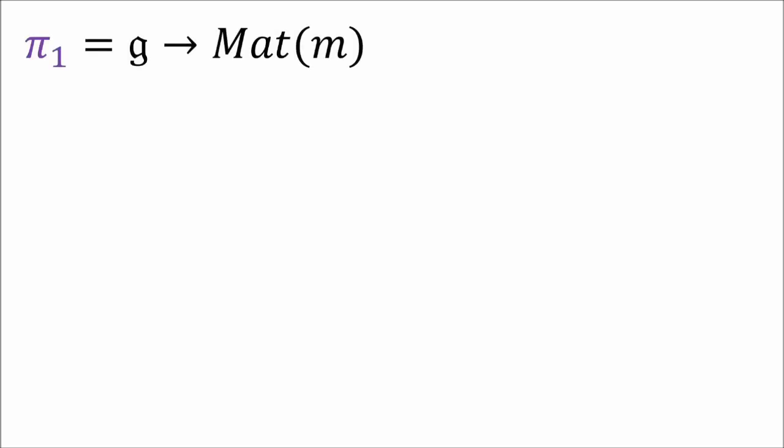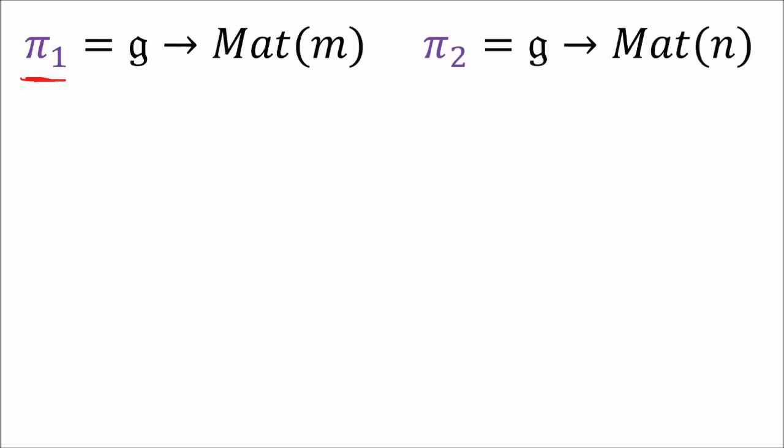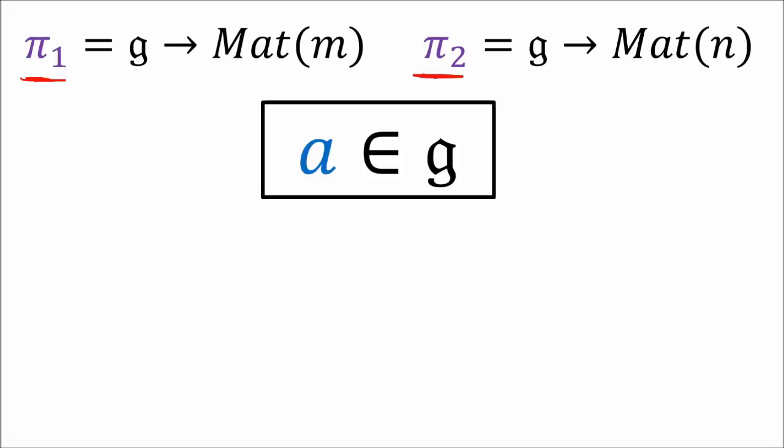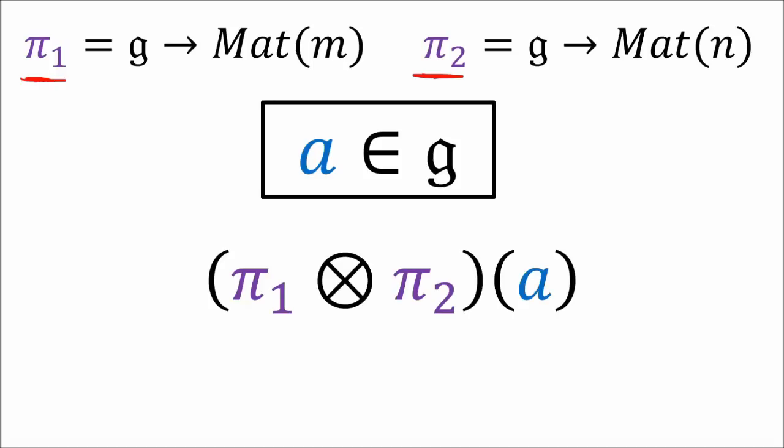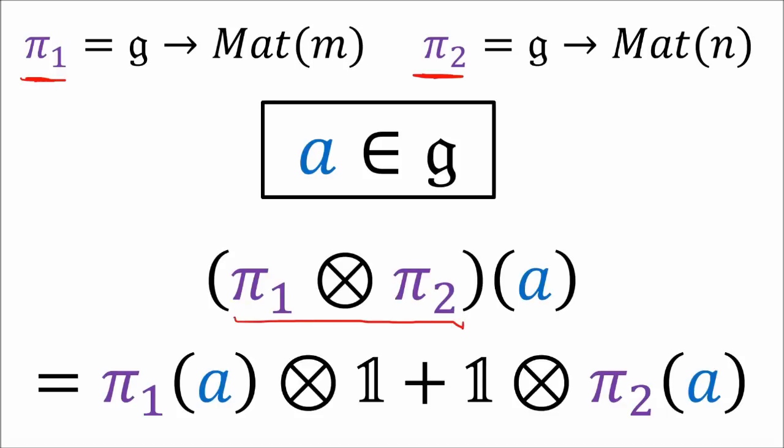If we have two representations, pi1 and pi2, of a Lie algebra small g, then the tensor product representation of an algebra element is given by the first representation matrix tensored with the identity, plus the identity tensored with the second representation matrix.